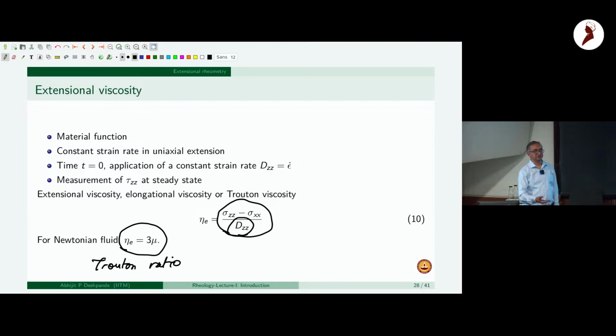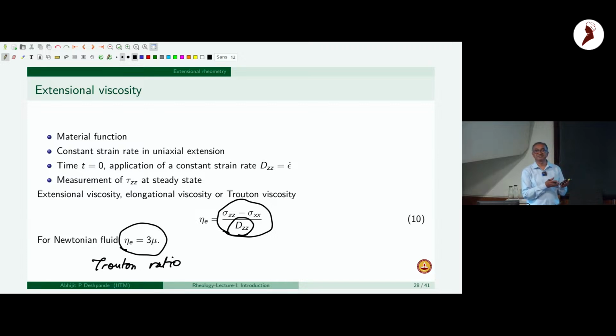So in many polymeric systems, not only will we not get 3 times the shear viscosity, but many times we will also not reach a steady state. Because in all of this, what is being said is that when epsilon dot is constant, you will reach a value of stress which is also constant.